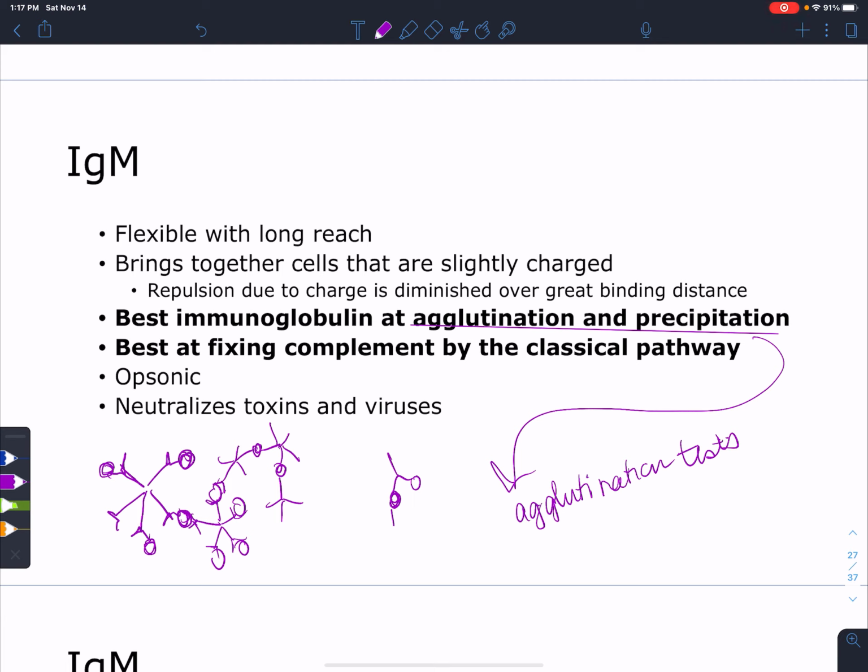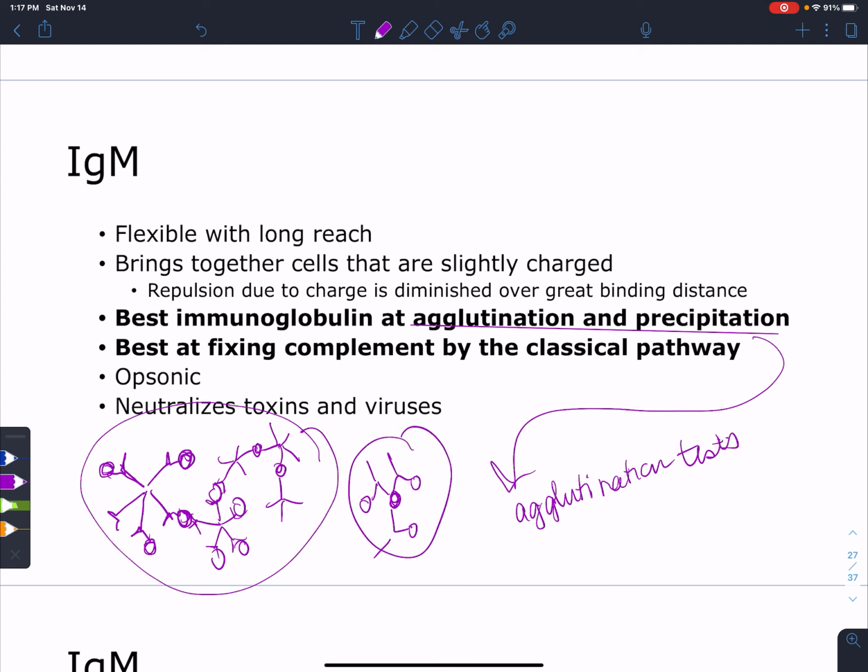Where if this was just IgG, it's going to take a few more to create. You can already see this clump is bigger than, say, this one. Let's add one more antibody just to keep these equal.